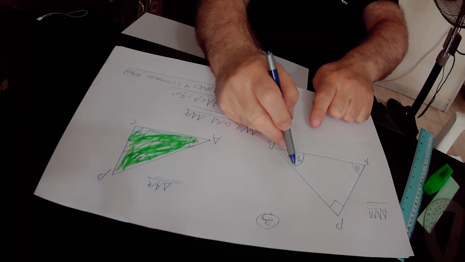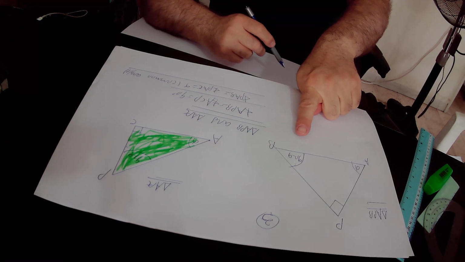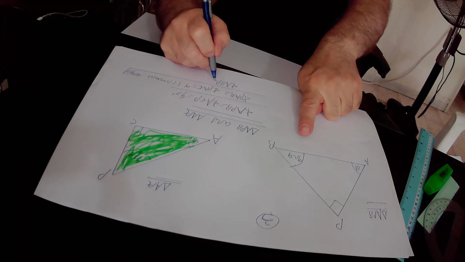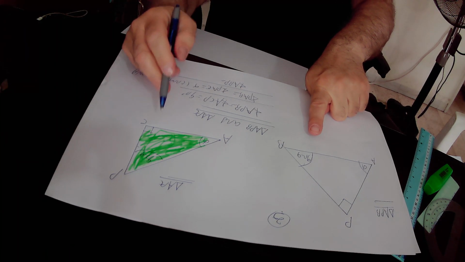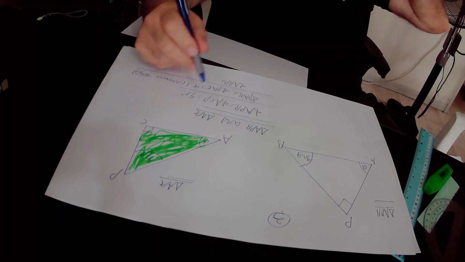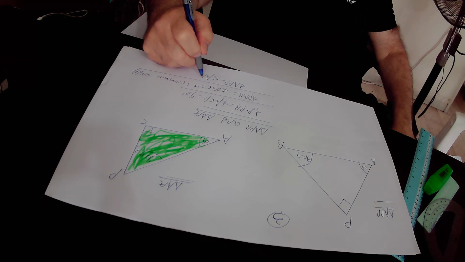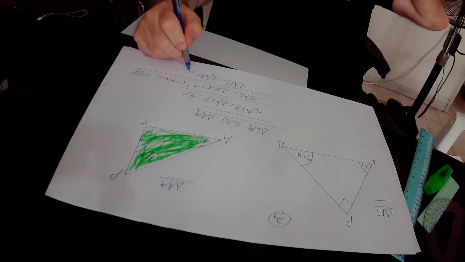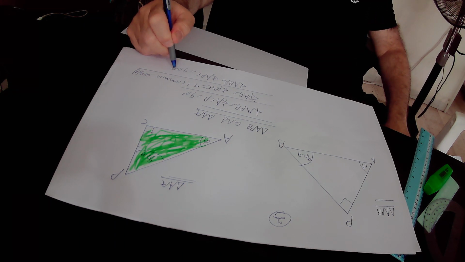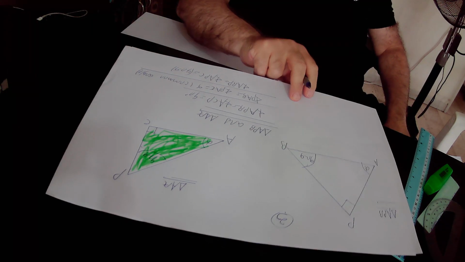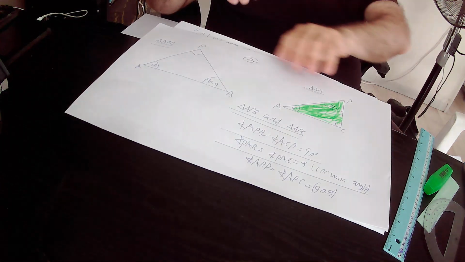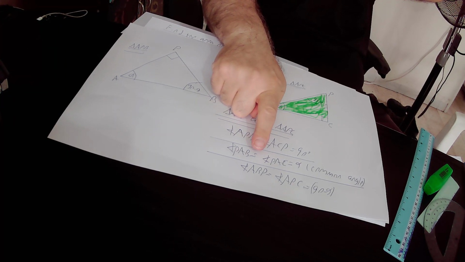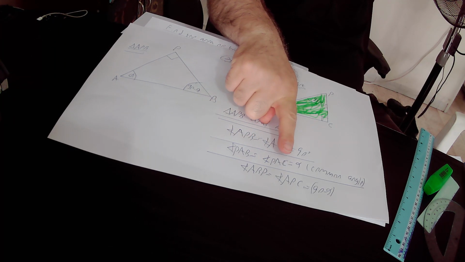This is angle ABP in the right triangle APB, and it is equal to this angle, angle APC, in the green triangle APC. Angle ABP in the right triangle equals angle APC in the green triangle.